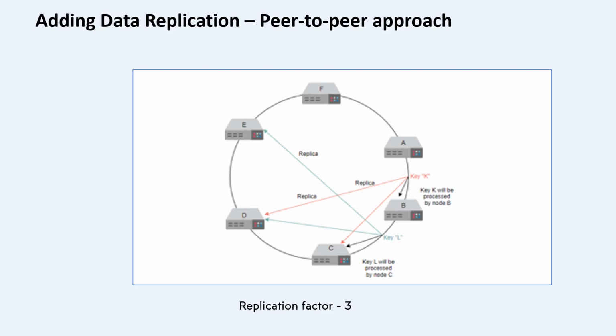We can define this factor as per our requirement. So that's how we make sure that data is synced up with the nodes, and also we are able to be a highly available system.